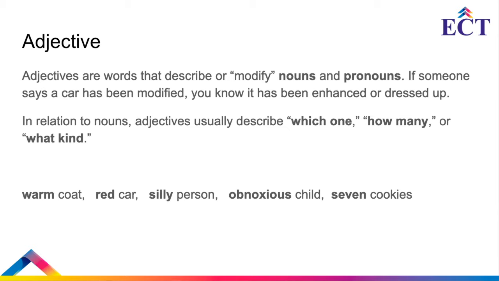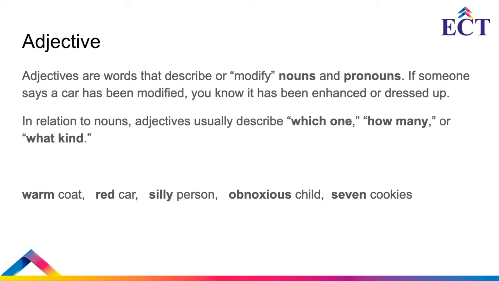Adjectives are words that describe or modify nouns and pronouns. If someone says a car has been modified, you know it has been enhanced or dressed up. So adjectives also modify nouns and pronouns. Please remember that this is only for nouns and pronouns.